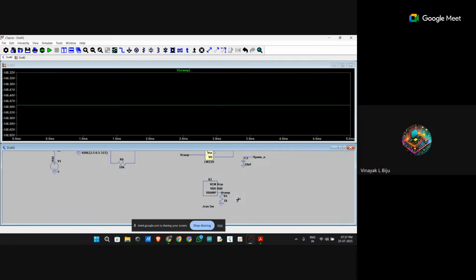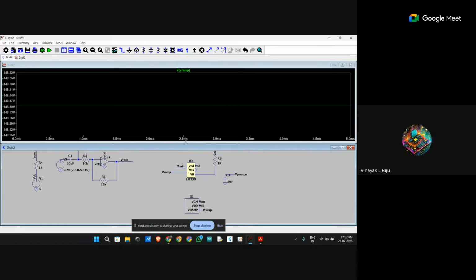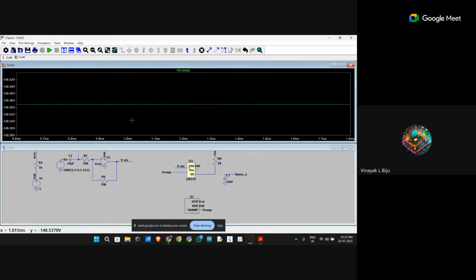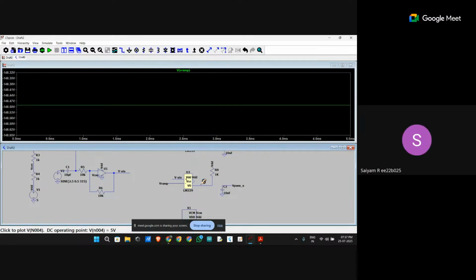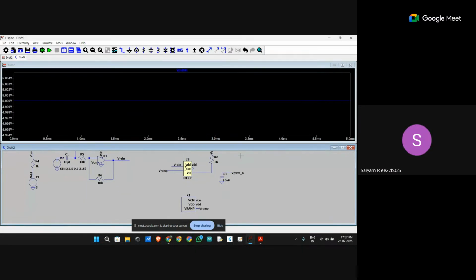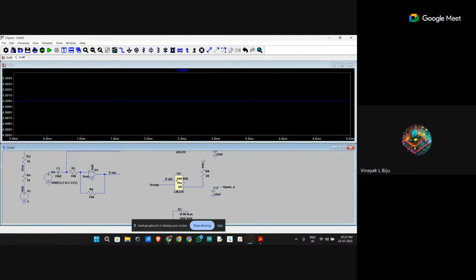Should I remove it and try? Yeah, you can remove that. I think that is not needed. Still, the ramp signal is like this. Without that also it is coming if I remove the VDD from the second comparator.